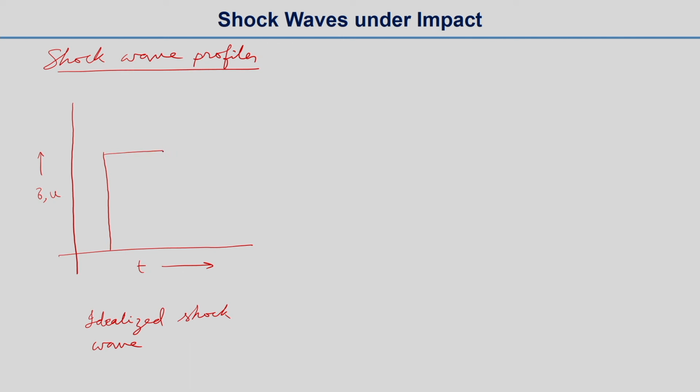Stress will increase with time, a sharp increase. That is actually a discontinuity. It goes like a sharp increase. This is what we call the shock front. Here is the pulse duration, and this is what we call the release.